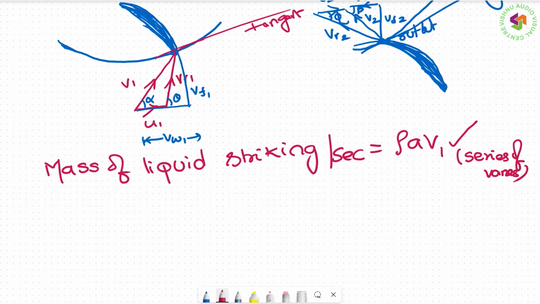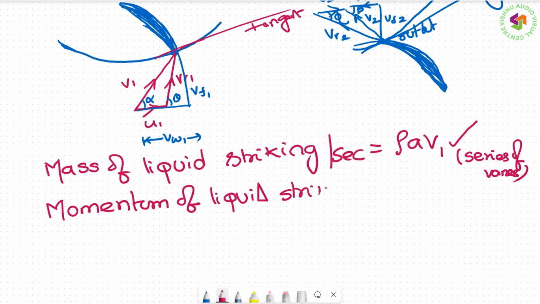Right? Next. What is the momentum? Mass is known, so therefore momentum of liquid striking the vane per second at inlet is equal to mass into velocity. What velocity?